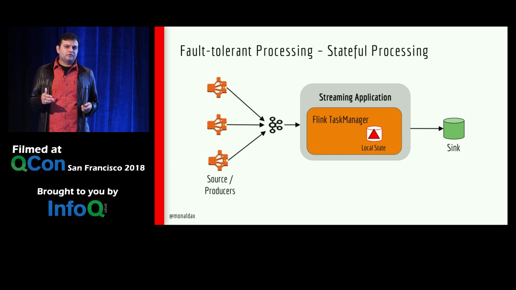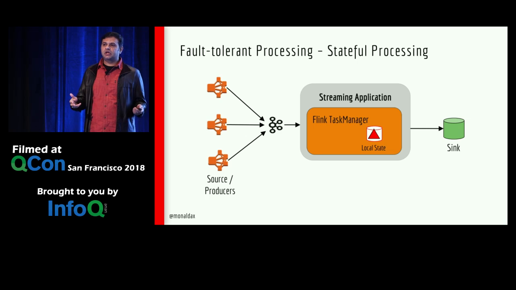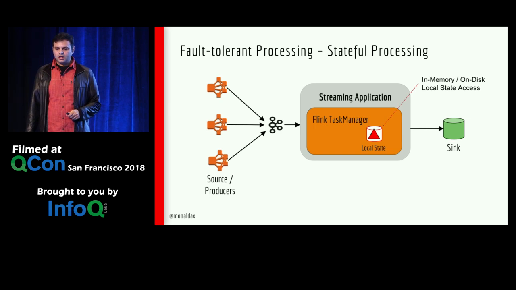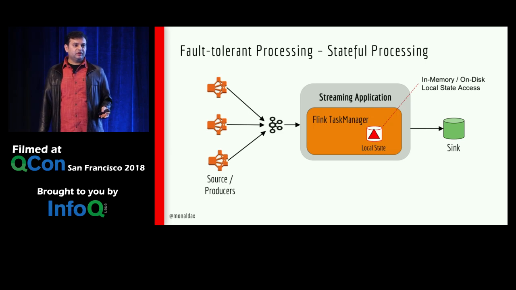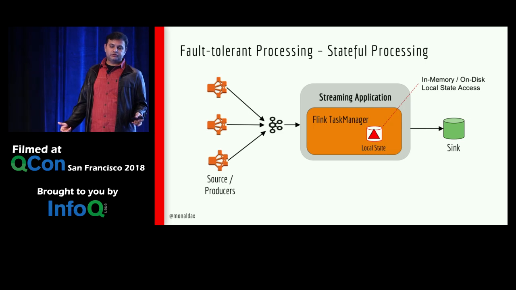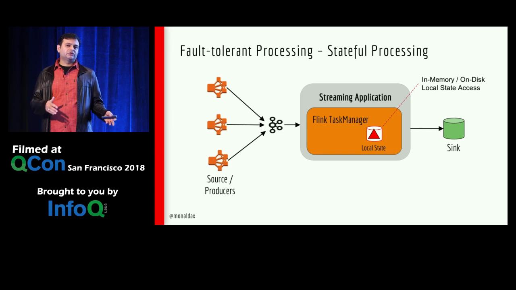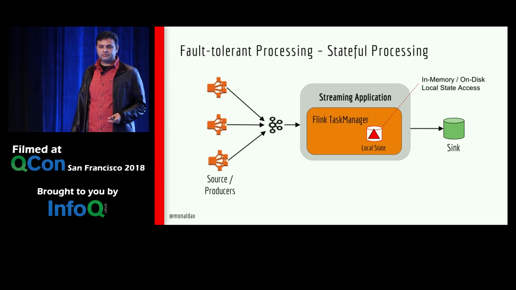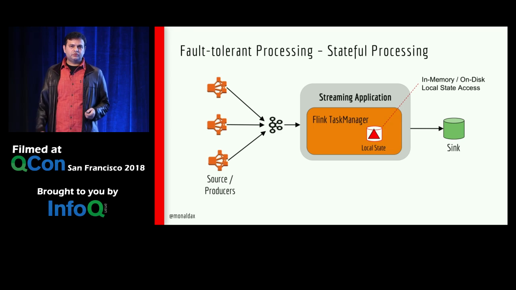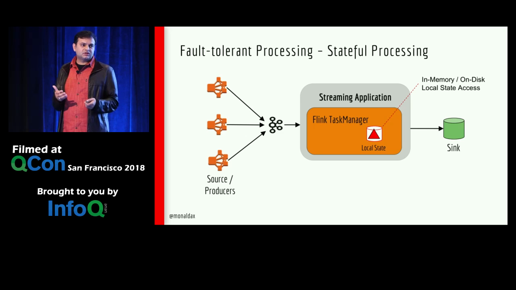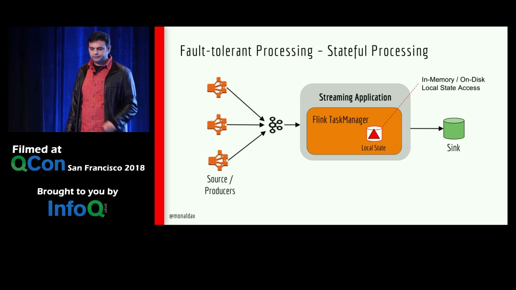So Flink out of the box provides a mechanism to store state locally, and that's what is being used here. This state is either available in memory, if you configure it to do so, or you can have it backed by local disk, which uses the RocksDB storage mechanism. So it gives you flexibility in how you want to store the state, and it's just a configuration option. You don't have to worry about it.